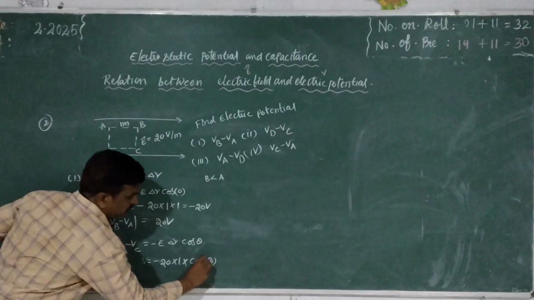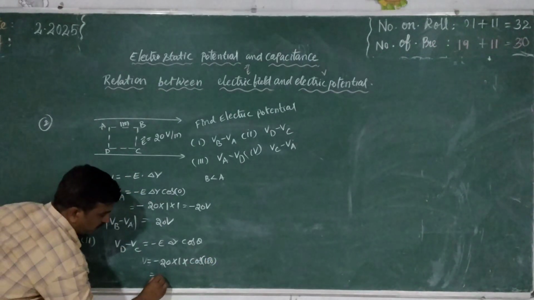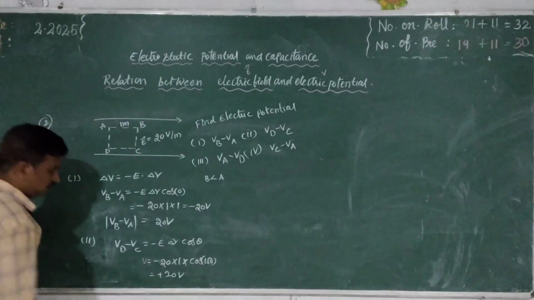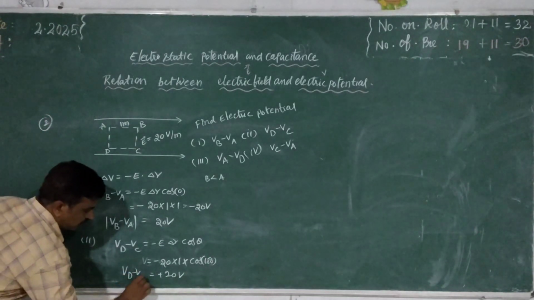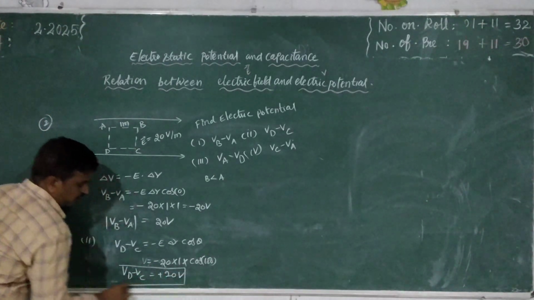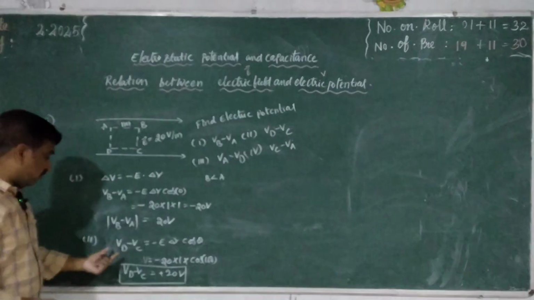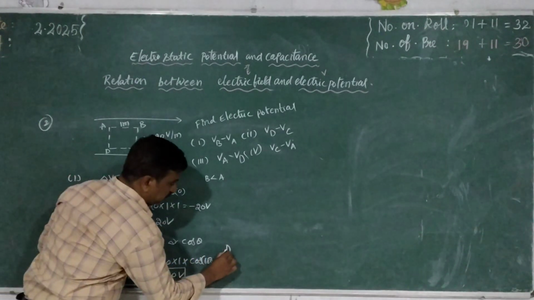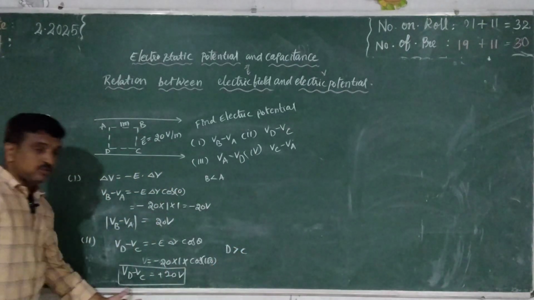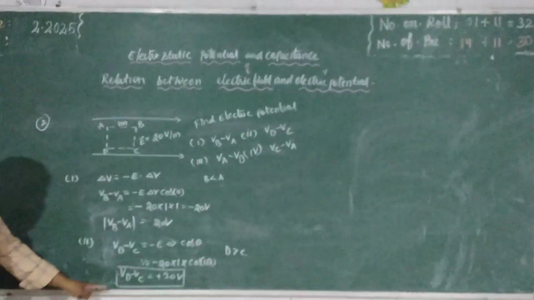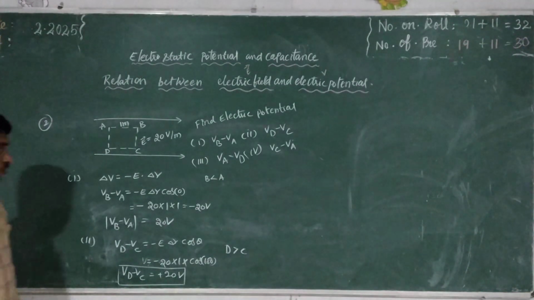Cos 180 means minus 1, so minus of minus gives plus 20 volt. Otherwise, the potential is more at D and less at C, so D is greater than C, hence positive. VD minus VC equals 20 volt.